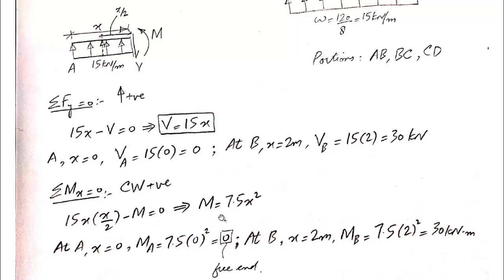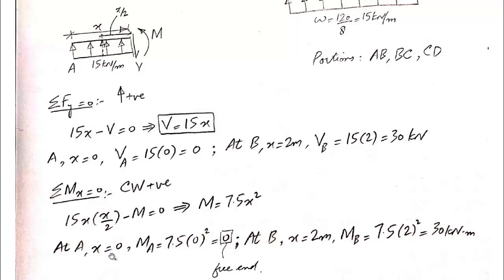So M is equal to 7.5 x square. This is the equation of bending moment for portion AB. And again, the presence of x indicates that bending moment changes throughout the length of this portion AB. So we'll plug in the values of x for point A and point B, and we will get the values of moment at these 2 points.